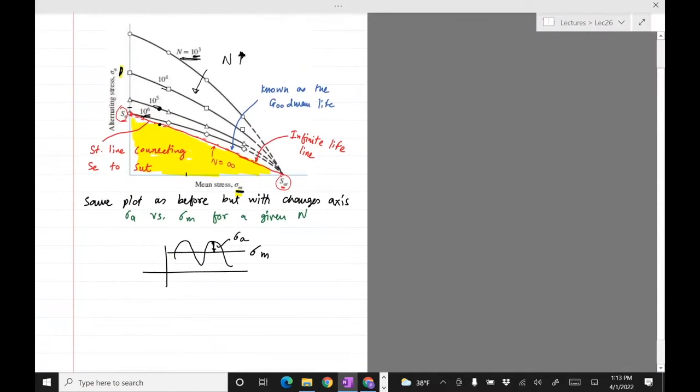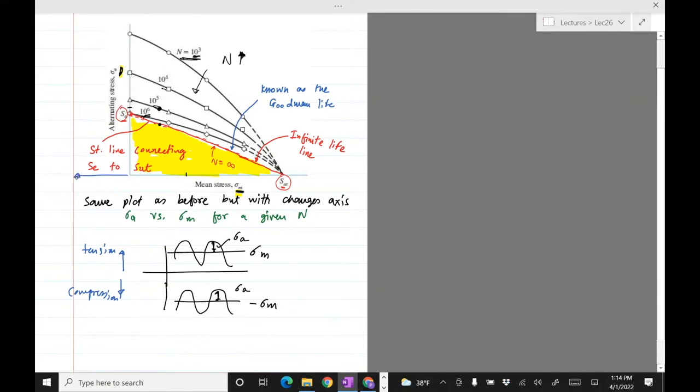But we are also interested in curves like this. So this is minus sigma M. This is the tension, and this is the compression region. So you can extend this plot on the other side.